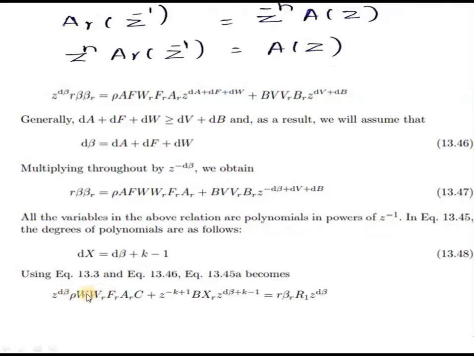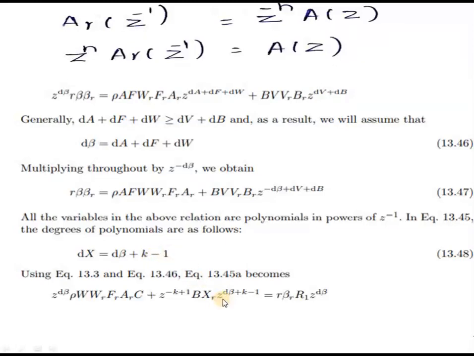instead of all these terms, we have just replaced them with z raised to d beta. At the same time these terms remain as they are. We have just replaced this X star with X_R, and what is the degree of x? Here we have calculated that the degree of x is nothing but d_B plus k minus 1.